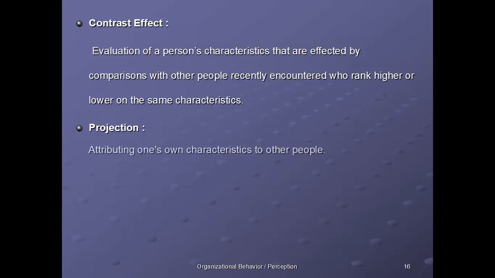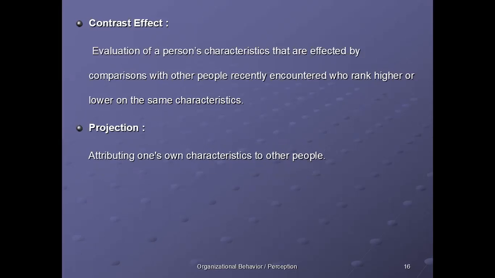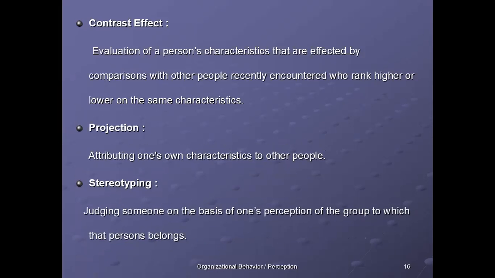Projection. So attributing one's own characteristics to other people, just like the way I want them to be. You have a certain image and you want everybody to behave in this particular manner. So this is projection. And then comes stereotyping. Stereotyping is judging someone on the basis of one's perception of the group to which that person belongs.